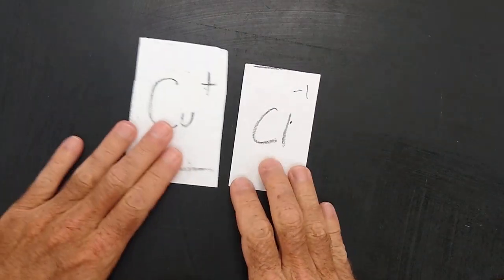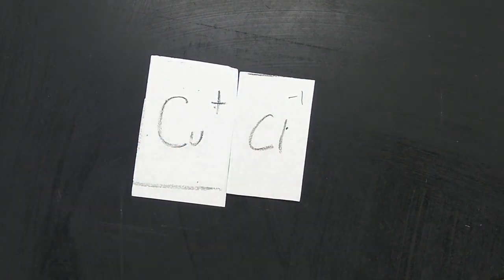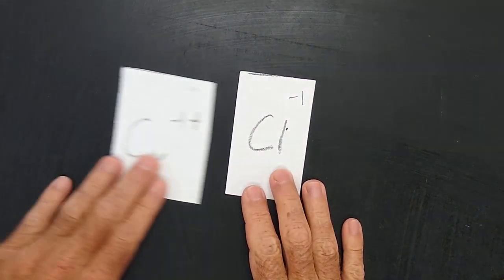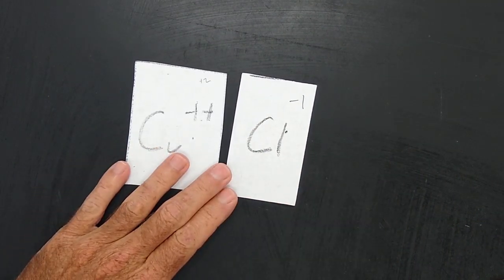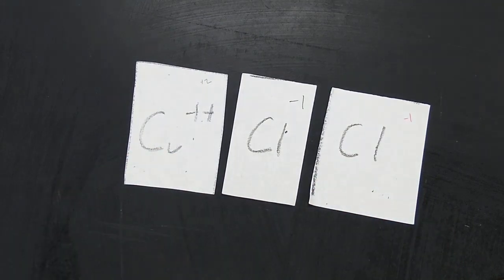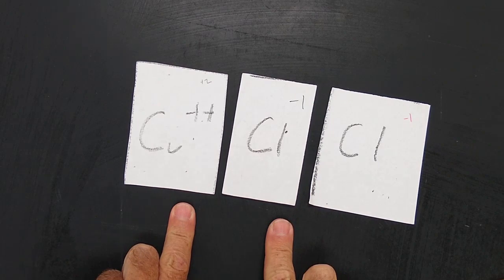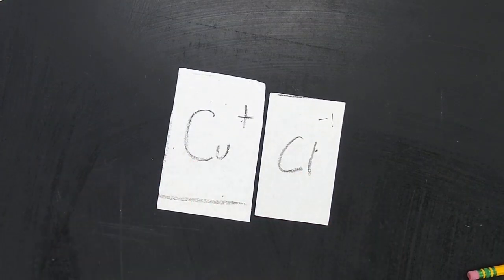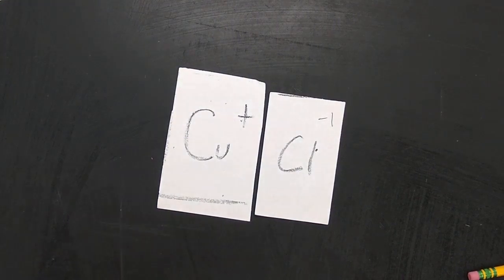That is copper 1 chloride. But another combination of copper and chlorine is copper 2 chloride. And they would have 2 different formulas. This is CuCl2. This formula is just CuCl. I hope that helps.